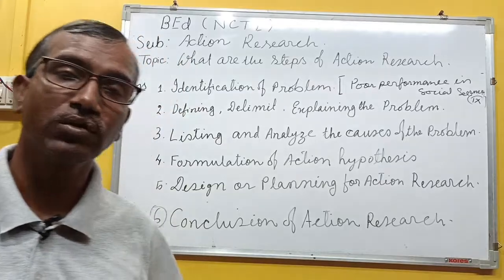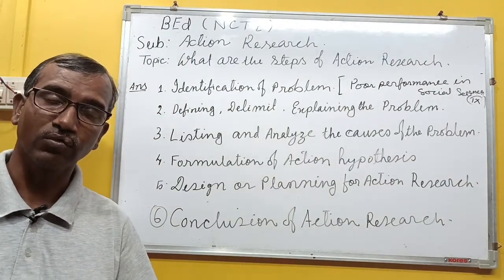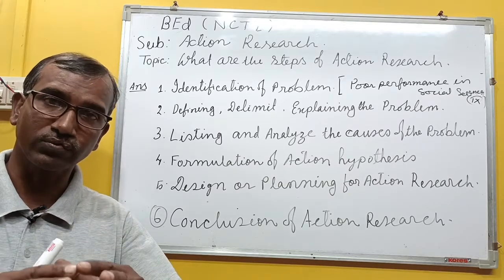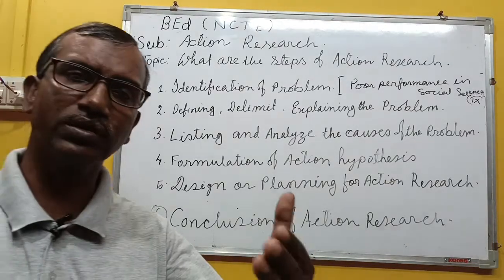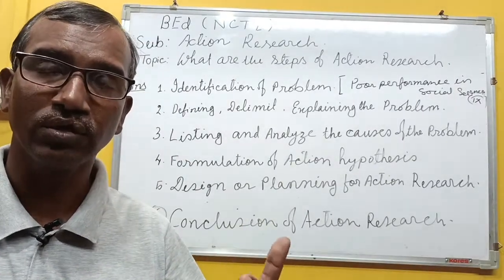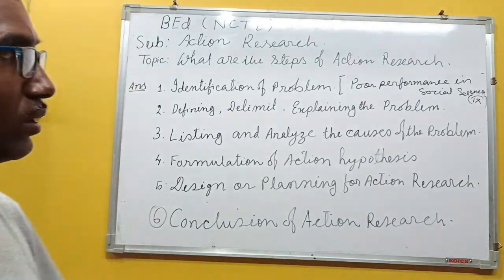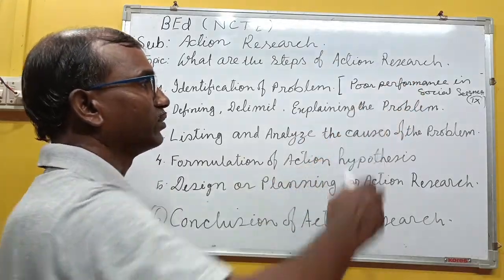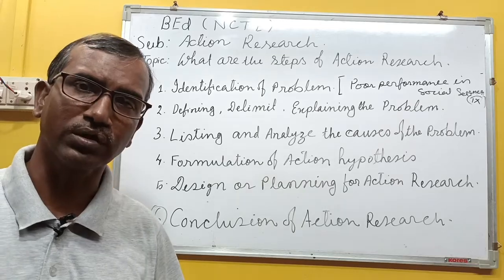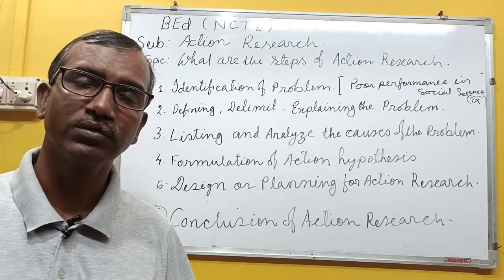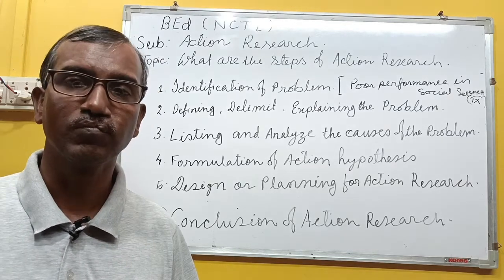So it may be one of the problems for action research for the social science teacher, or the group of teachers in the staff, to find out why it is so. The students are very good, they show very good performance in other subjects like mathematics, science, so why do they show very poor performance in social science? So the problem may be a study on the poor performance of children in social science in class 9.